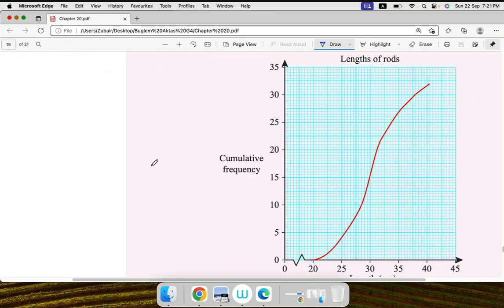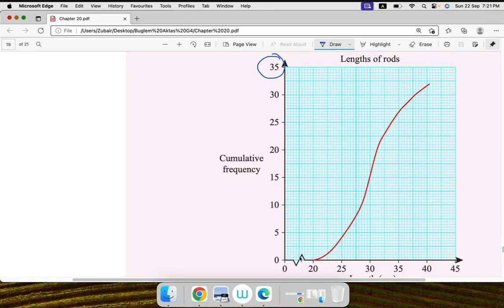And what was the median on the y-axis? I got 17.5. Oh wait, sorry. Yeah, that's a mistake. So what would you use on the y-axis?